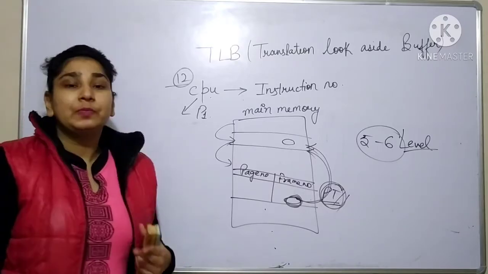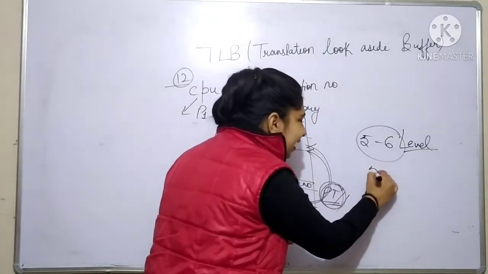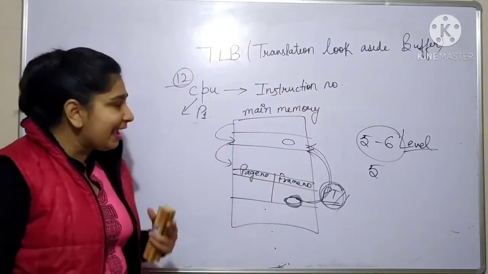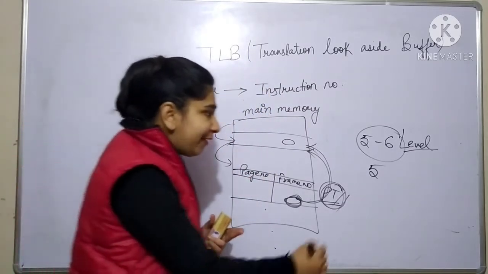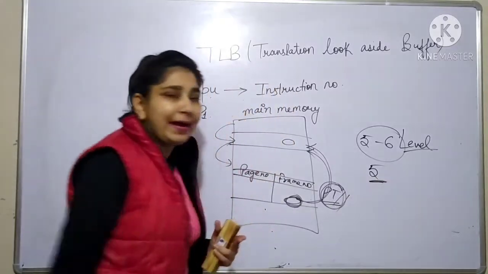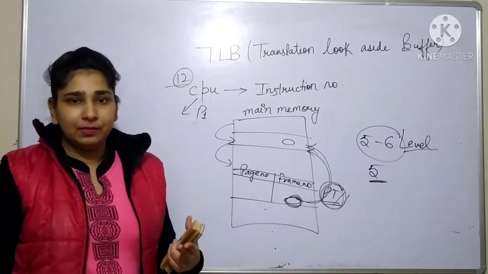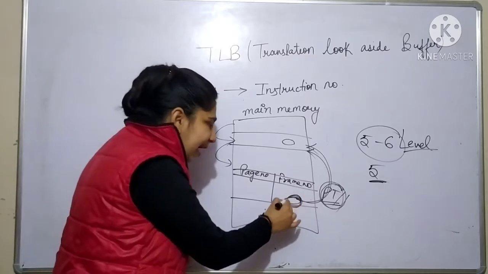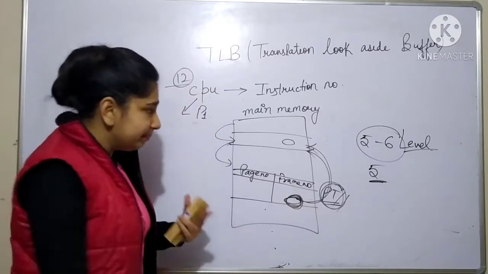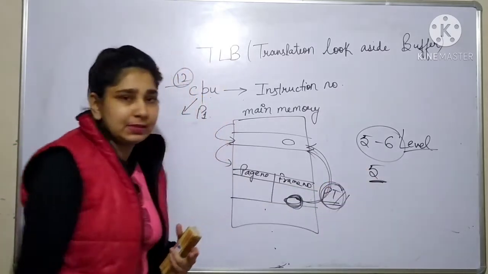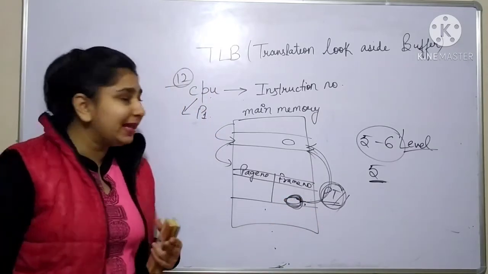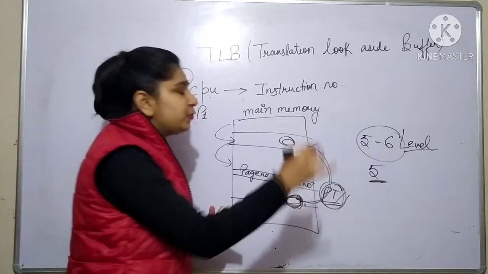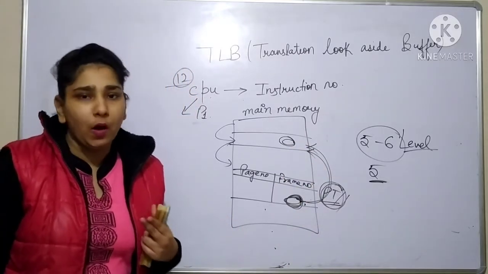So let's suppose I have 5 levels of paging, that is, 5 levels of page table. Firstly 5 memory accesses are required, plus 1, because after accessing the main memory 5 times, you now need the frame number so that you can get the instruction which your CPU wants.